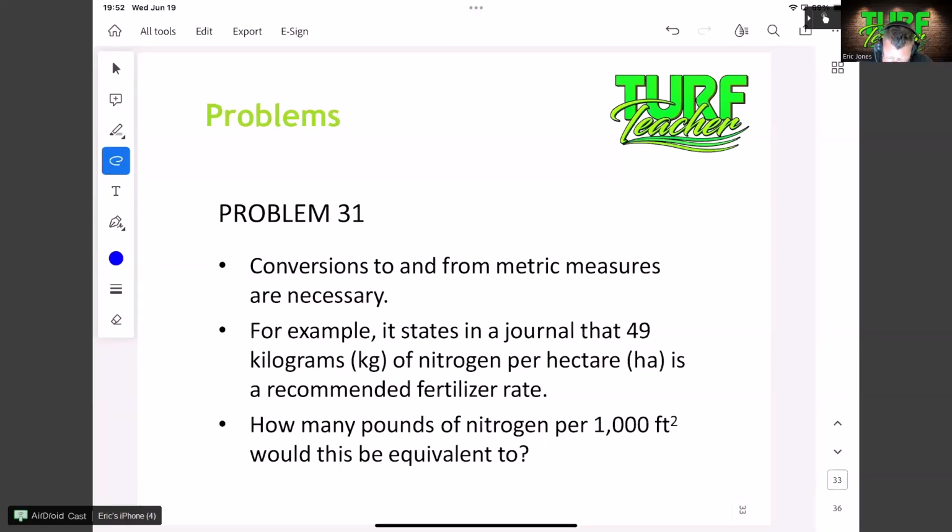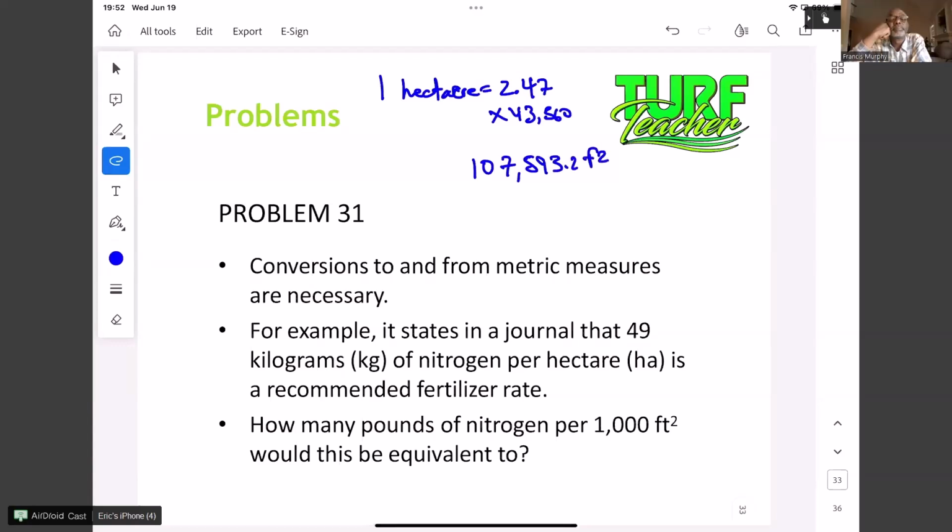And so a hectare is basically, we're going to figure it out, 2.47 times the 43,560. So it's 107,593.2 square feet. We have 49 kilograms, equivalent to 49 times 2.2 pounds.